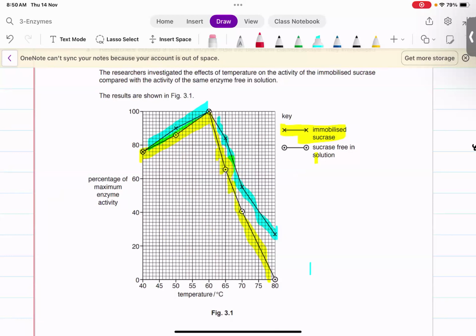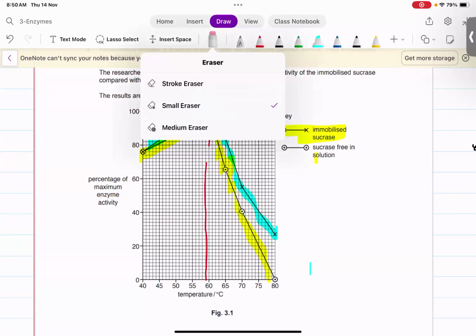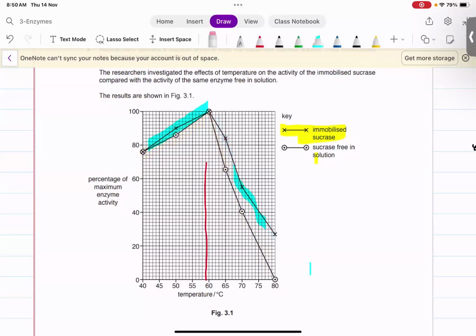So maximum enzyme activity for both of these enzymes is the same. 100% enzyme activity is at this temperature. You can put a line here with a ruler, a straight line with a ruler. And this is 60 degrees Celsius. 60 is the optimum temperature.